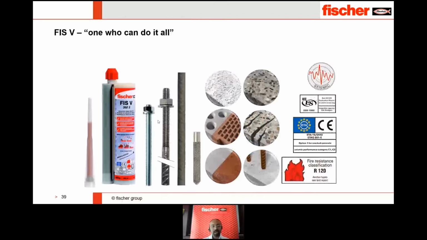And then we also have another all-rounder, but this all-rounder is a little more heavy duty. It is called the FISB, Fischer Injection System Windlaster Motor, and this is approved for again different multiple base materials, and it is used for structural as well as fixings in masonry.